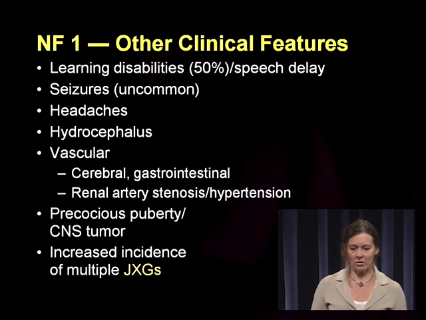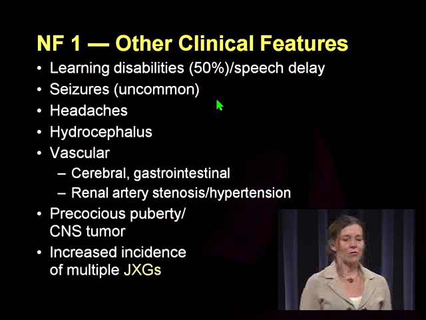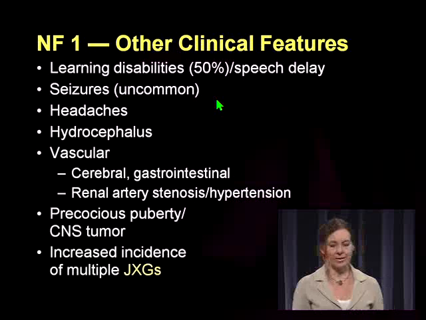So we've kind of touched upon other clinical features. Learning disabilities are very common, behavioral abnormalities, speech delay. Seizures are very uncommon. We tend to see those more in the setting of tuberous sclerosis. Headaches are very common.